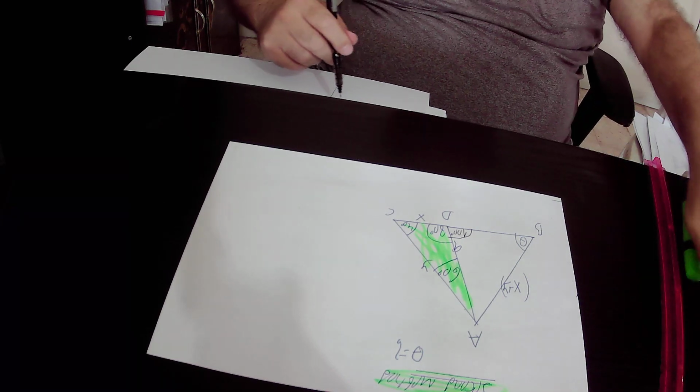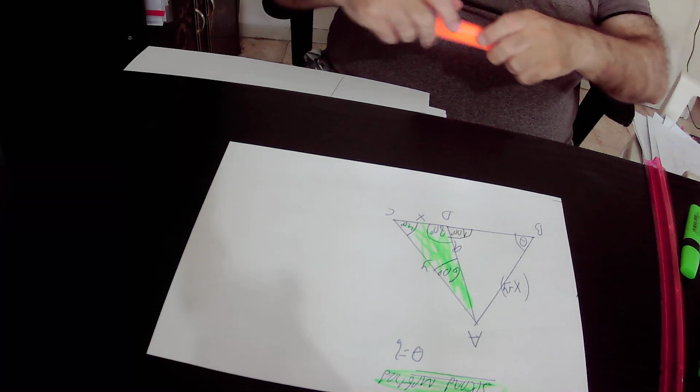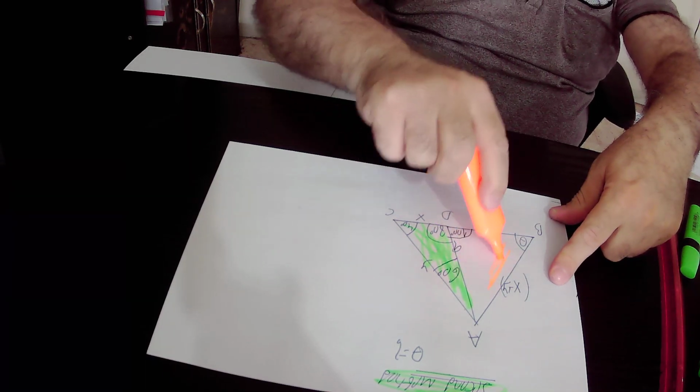So in the next step, we will implement the law of sines in the orange triangle ABD.